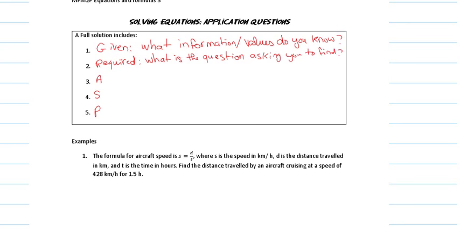So usually, let's say if the question is asking you to find the speed, then you write S equals with a question mark, okay? Because this is what the question is asking you for, so you know what you're looking for.